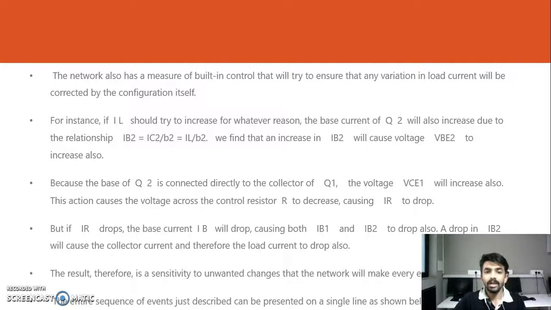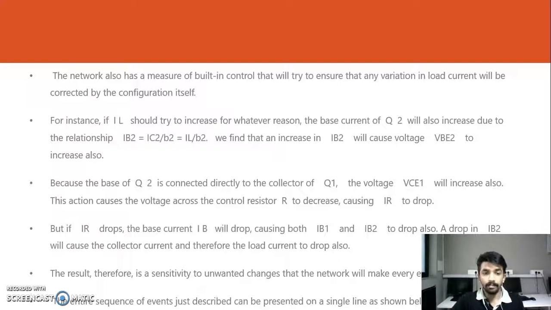We find that an increase in IB2 will cause the voltage to increase also, because the base of Q2 is connected directly to the collector of Q1. Here Q2 is the second transistor and Q1 is the first transistor. The voltage VCE1 will also increase, which causes the voltage across the control resistance to decrease.